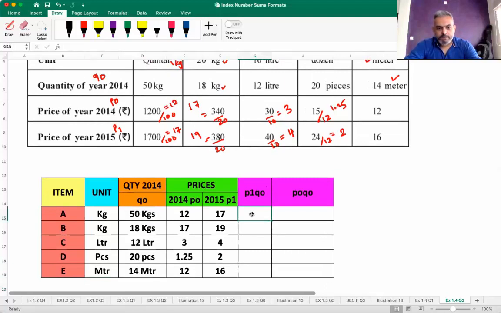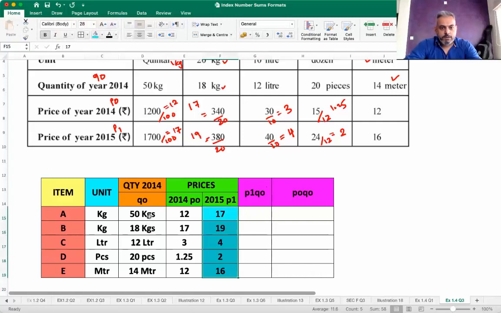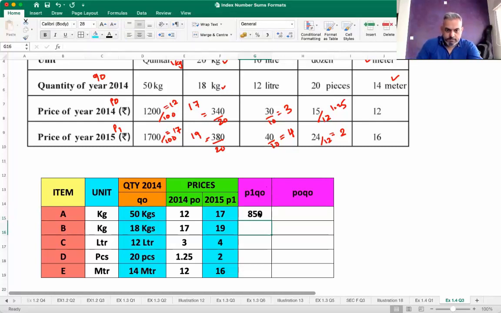Now let's calculate P1 Q0. So P1 and Q0. 17 into 50, 850. 19 into 80, 342. 4 into 12, 48, 40, 24. P0 Q0.